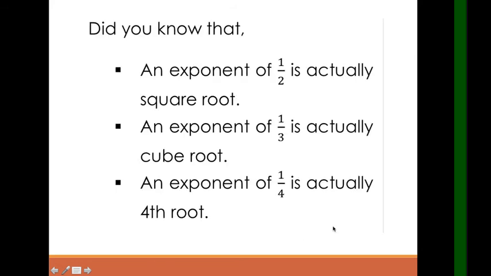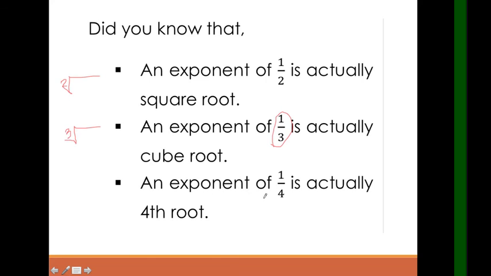Did you know that an exponent of 1 half is actually a square root? When we say square root, the index is 2, we just don't write it. For the exponent of 1 third, the radical form is the cube root, so the index is 3.